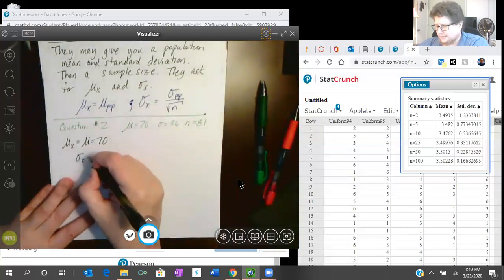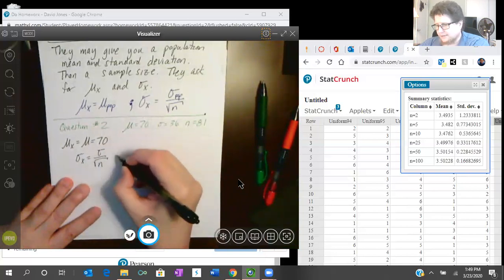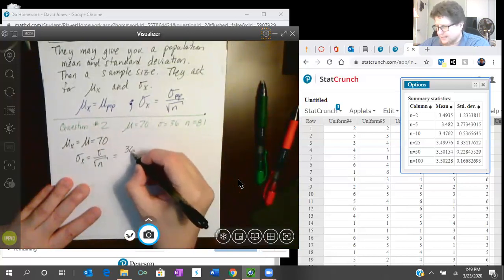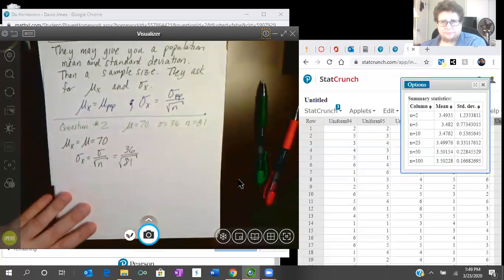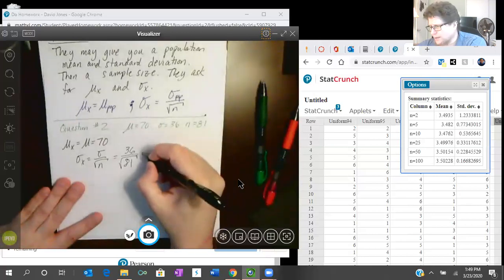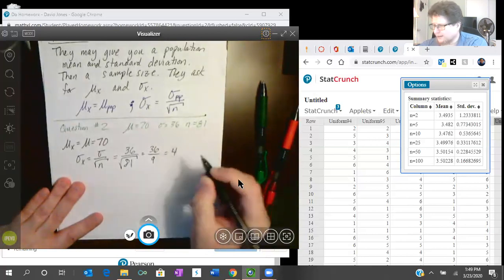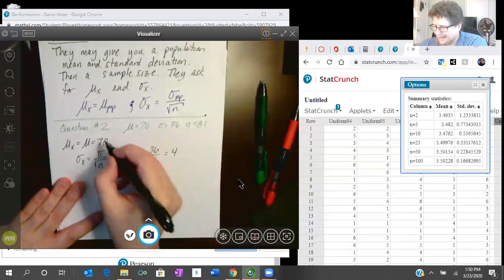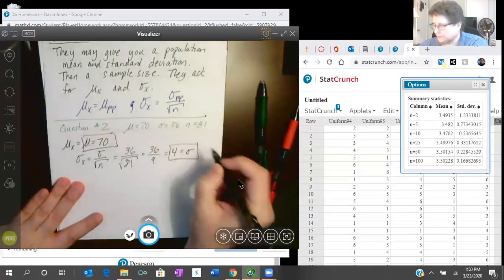Sigma x is my old sigma divided by the square root of n, which is 36 divided by the square root of 81. Now the square root of 81 is 9, and 36 divided by 9 in the calculator is 4. My answers are mu equals 70 and sigma equals 4.